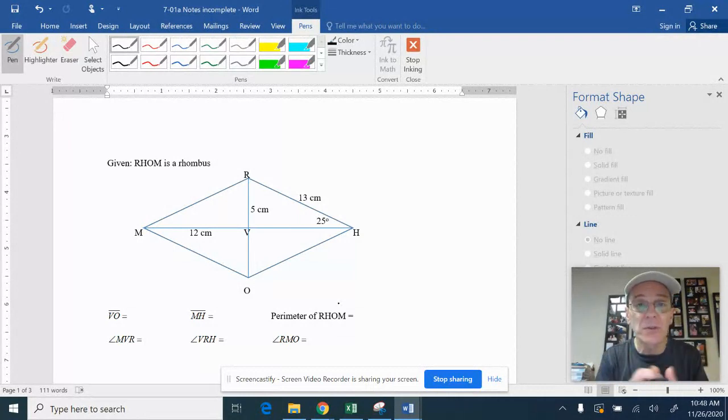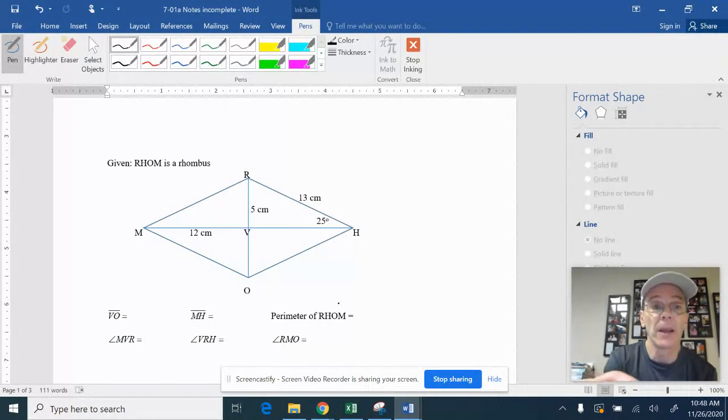If I didn't tell you this was a rhombus, you'd be stuck. You wouldn't be able to conclude anything with certainty. But when I tell you it's a rhombus, then we can conclude lots of things.